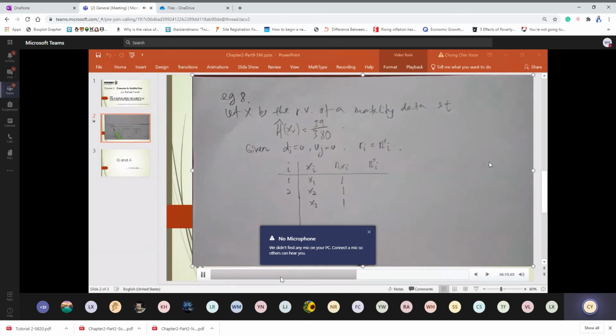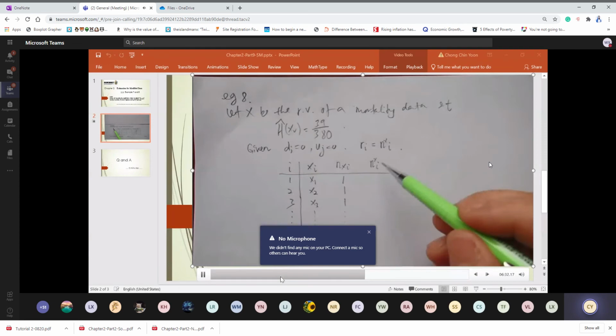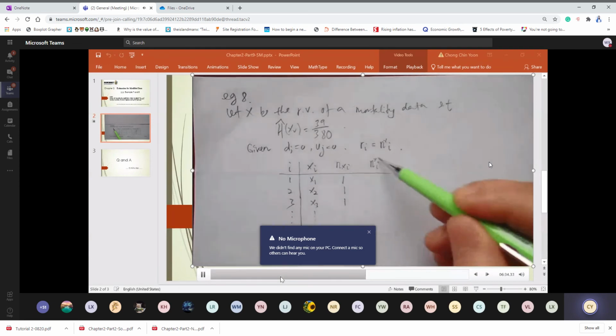For x3, I have 1, because no two deaths occur at the same time. So until xn minus 1 and xn, all the data are 1. So i is from 1 to n. How do we calculate this conditional nxi?